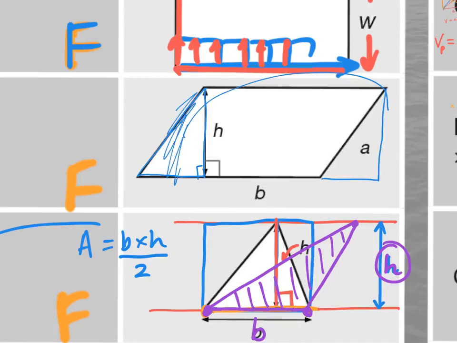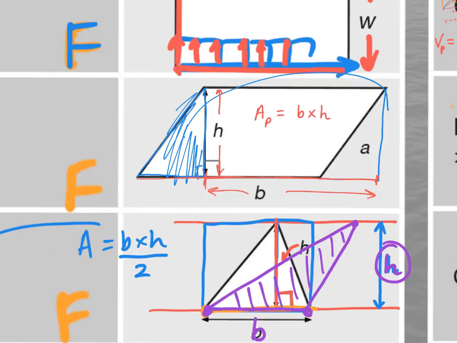So we just cross this bit out and we're left with this height here, and this whole base here is preserved. This is B now from here to here. This is H. So we've just got a nice rectangle. So the area of the parallelogram is just going to be base times the perpendicular height.